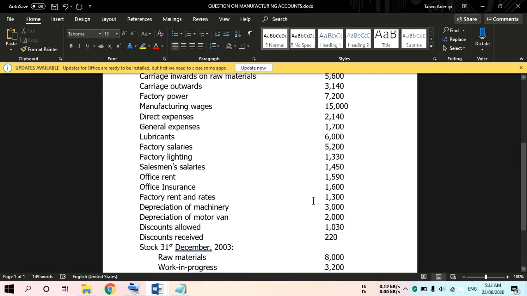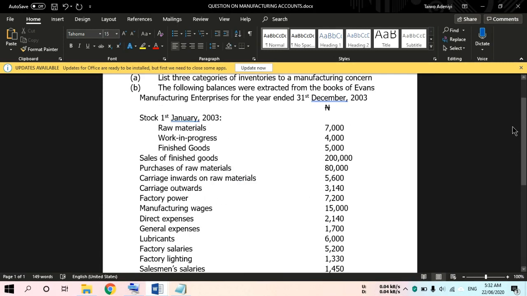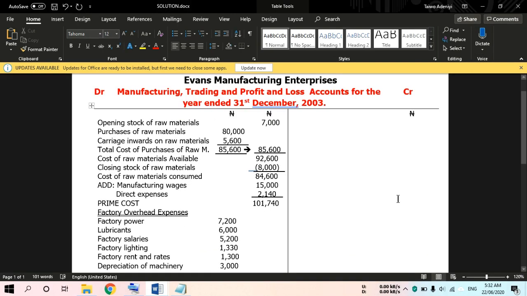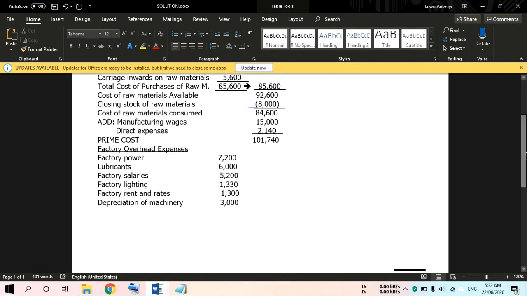Let's check again. Is there any other thing? No, we don't have any other thing again. So you'll come over here and add from 7,200 naira. That will give us 24,030 naira.